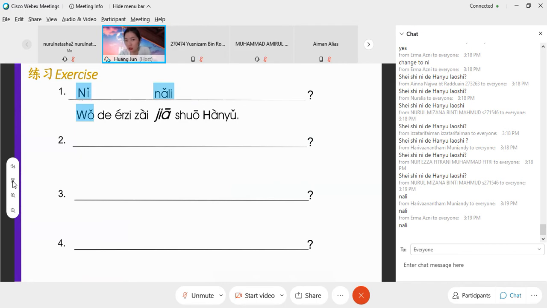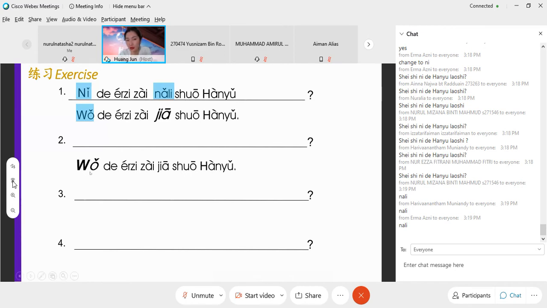So the whole sentence will be 你的儿子, and you just copy every word in the same place. So 你的儿子在哪里说汉语? It means where does your son speak Mandarin? The answer is my son speaks Mandarin at home.